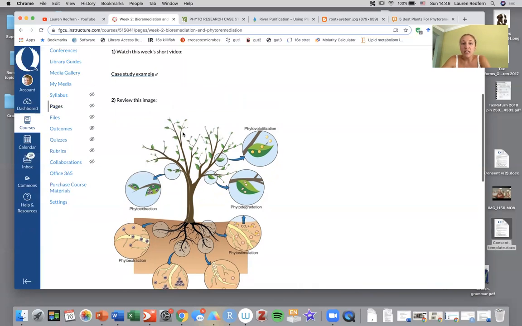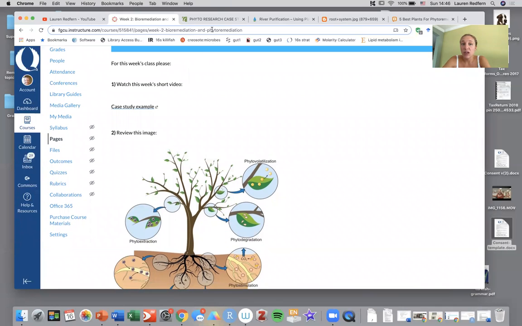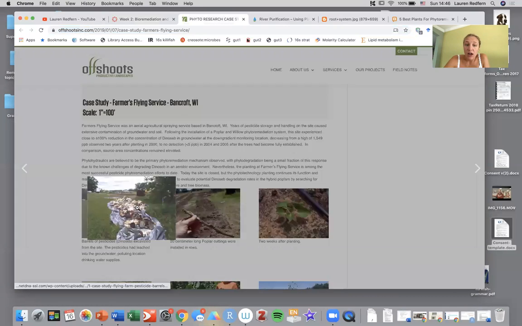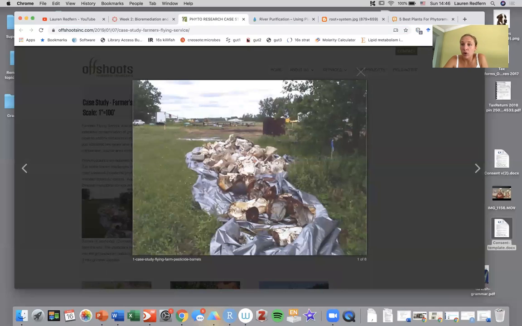So I've also linked this case study example here, which talks about how if you have a site that you found is contaminated, this site was contaminated with pesticide. You can see that there are these old rusty barrels that were filled with pesticide. And we found this pesticide can cause cancer and it can also be harmful in a variety of ways to humans.